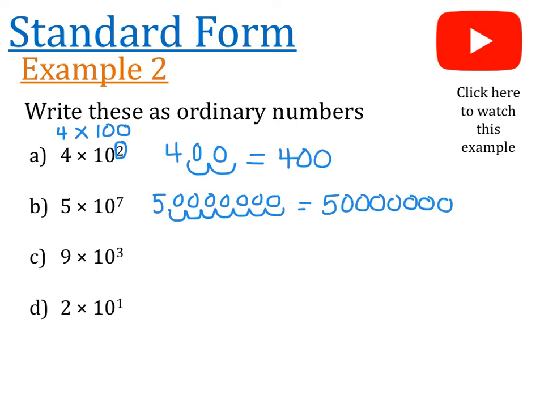We've got 9 times 10 to the power of 3. So that is 9. And then we need 3 spaces. So we can fill that in, and that's going to give us 9,000. All right. And the last question, question D, says 2 times 10 to the power of 1. So it's 2 full stop. And that only has to move 1 place. So that just needs 1 placeholder, which is 20.